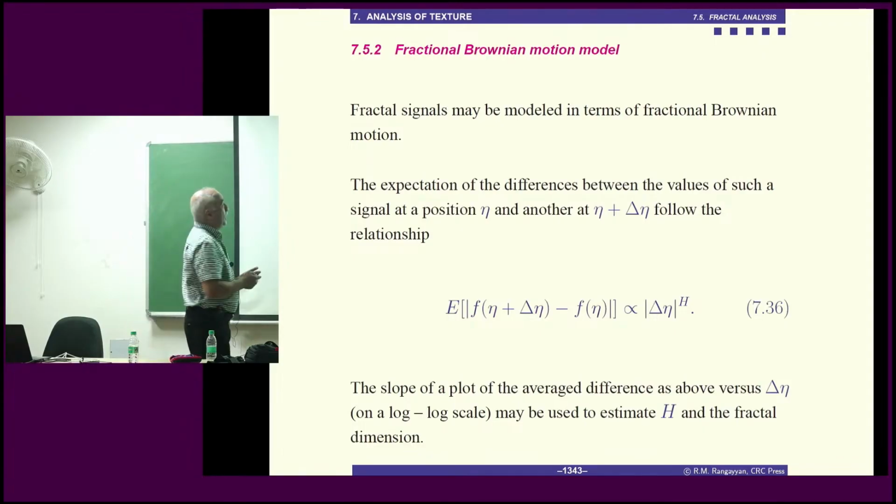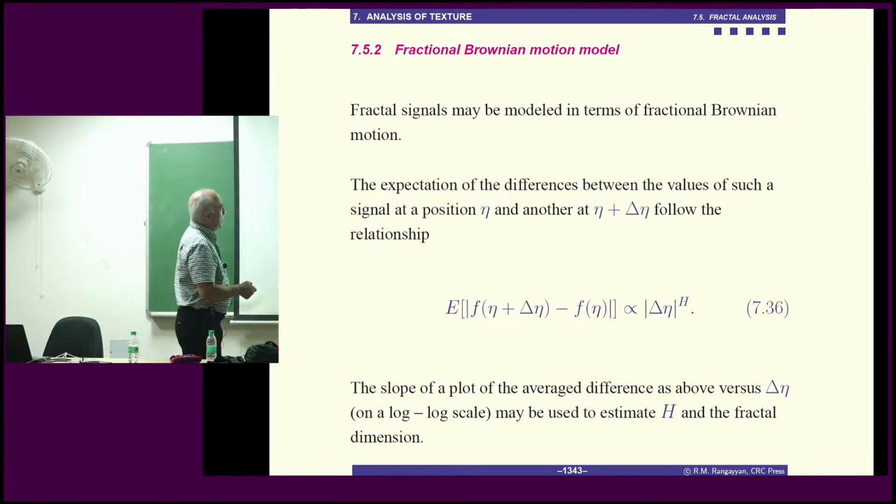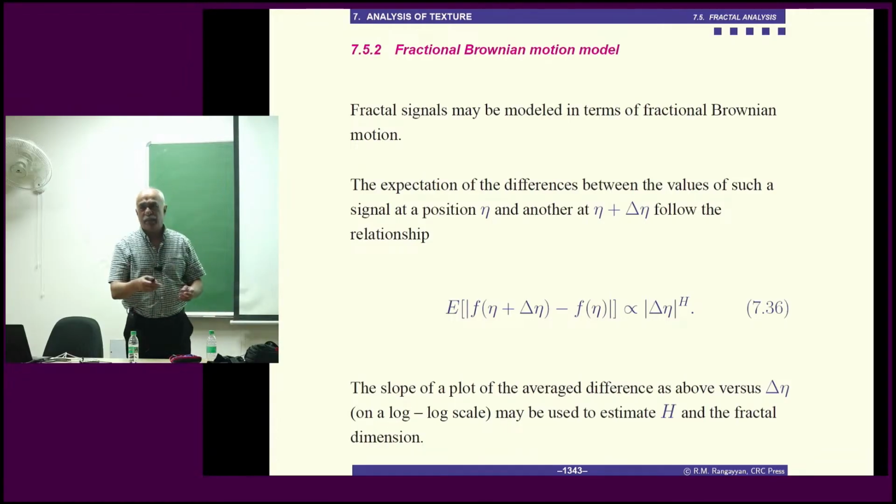There is another model known as the fractional Brownian motion. So here, the expectation value of the difference, f of eta plus delta eta, some displacement, minus f of eta, it could be a function of time, space, whatever. So the displacement is delta eta here.